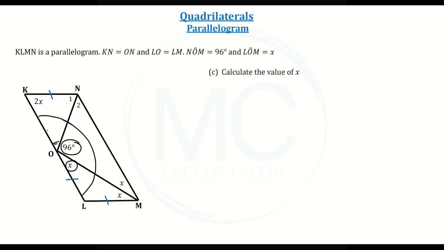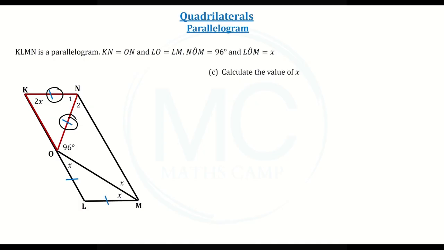So let's see if we can find the unknown part on this side. This angle sits in triangle KON. So let's make this triangle red. This is an isosceles triangle because KN is equal to NO. An isosceles triangle has two equal sides and two equal angles. So let's see what else we can find.